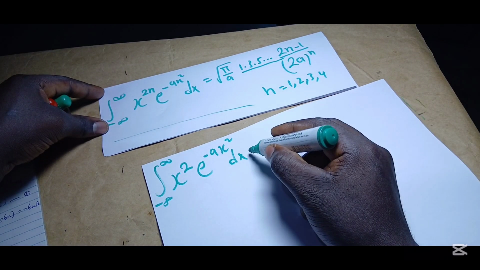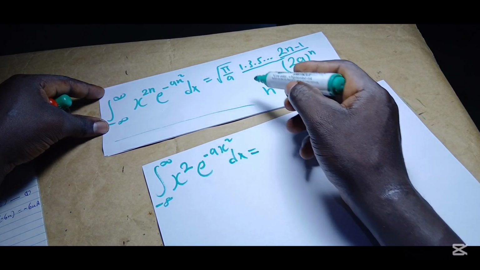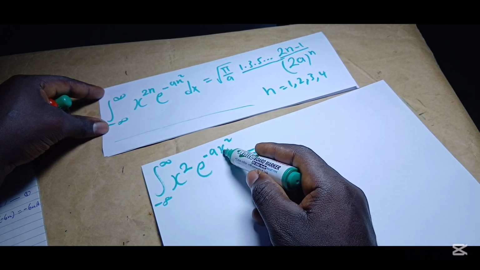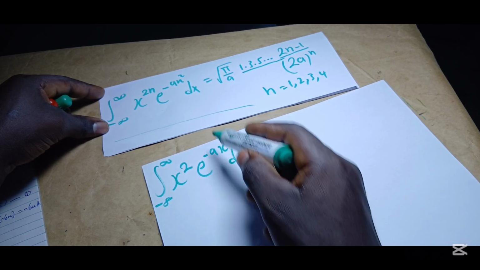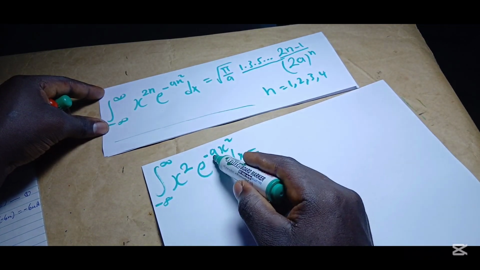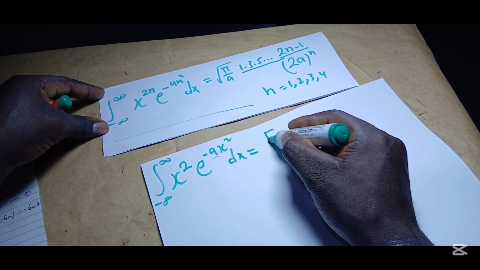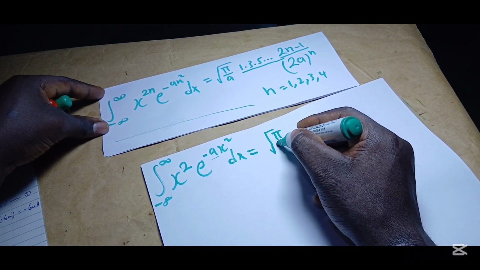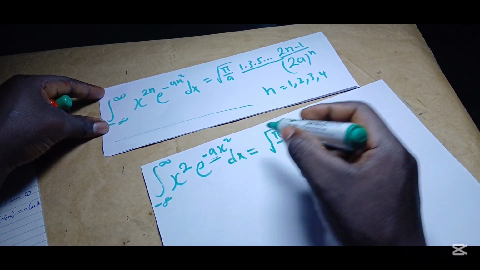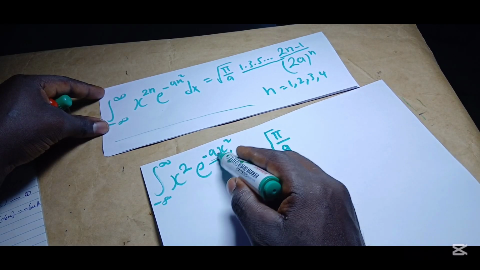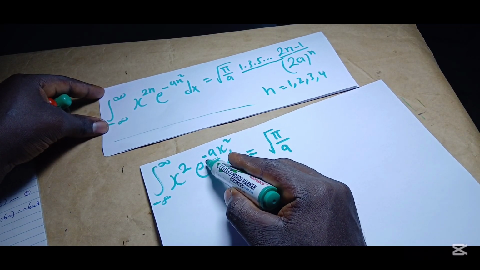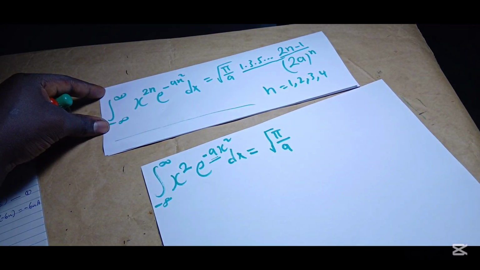So this is equal to square root of pi over a, and a is the coefficient of x squared here. Our a here is just a. We are not taking the negative sign into consideration.